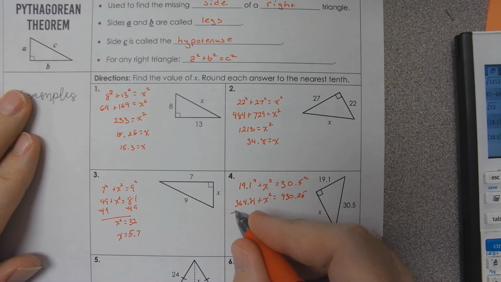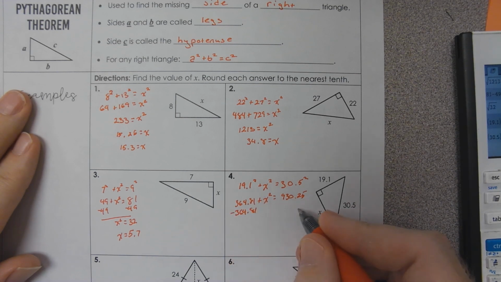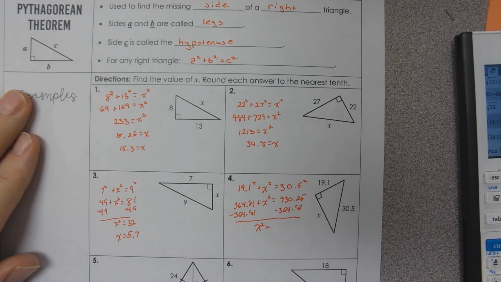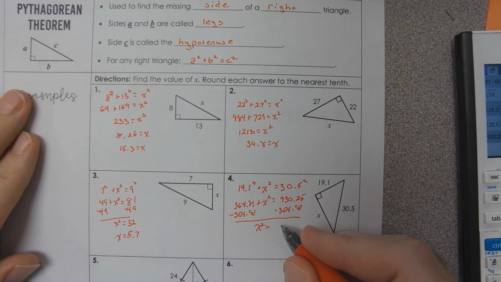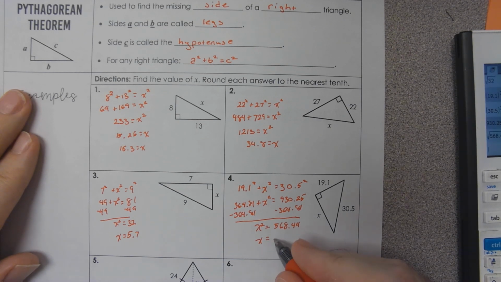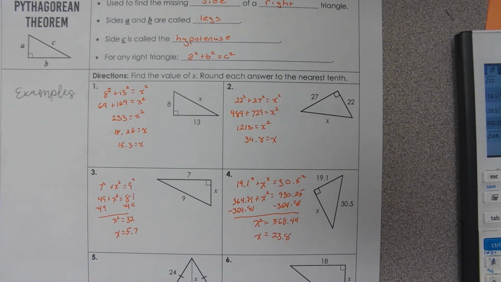Well, we subtract 364.81 from 930.25, and we get 568.44. Take the square root. And to the nearest tenth, that's 23.8.